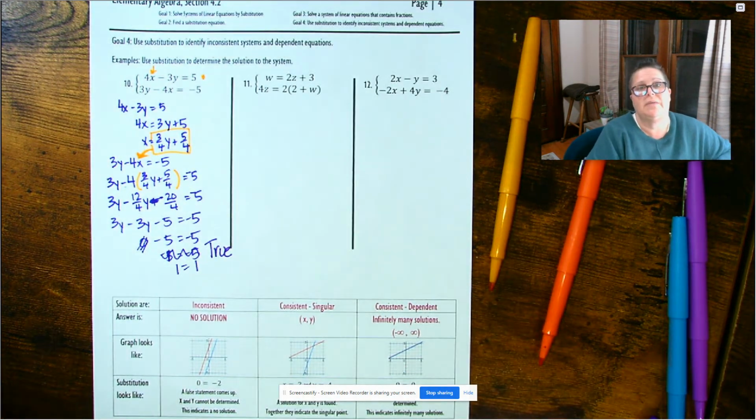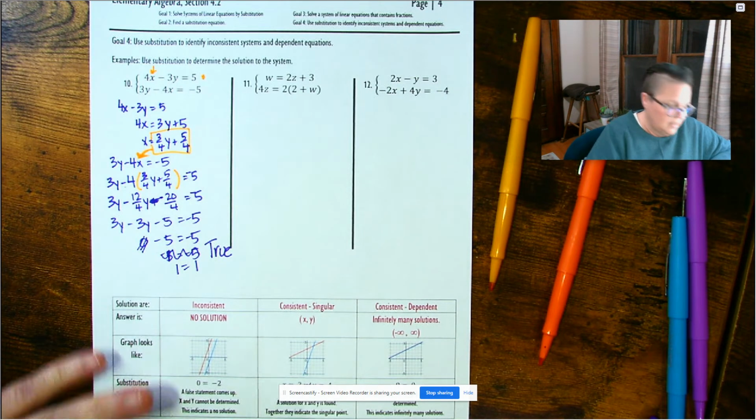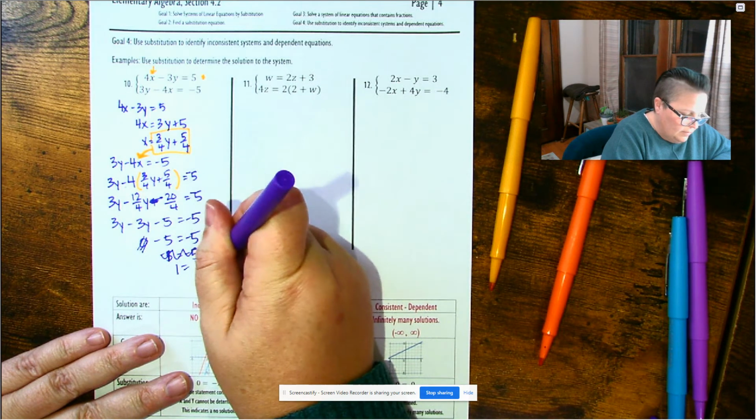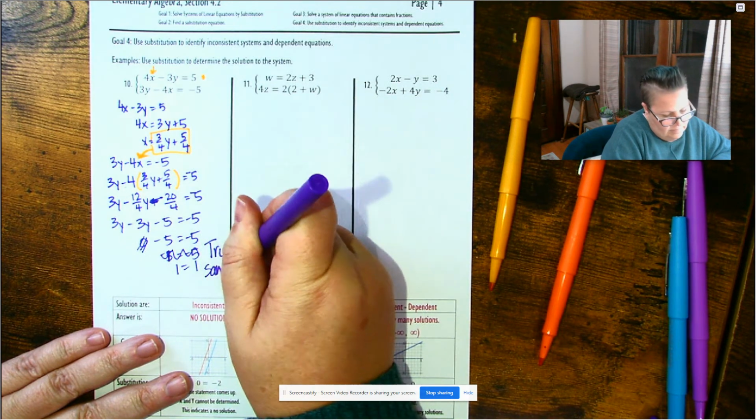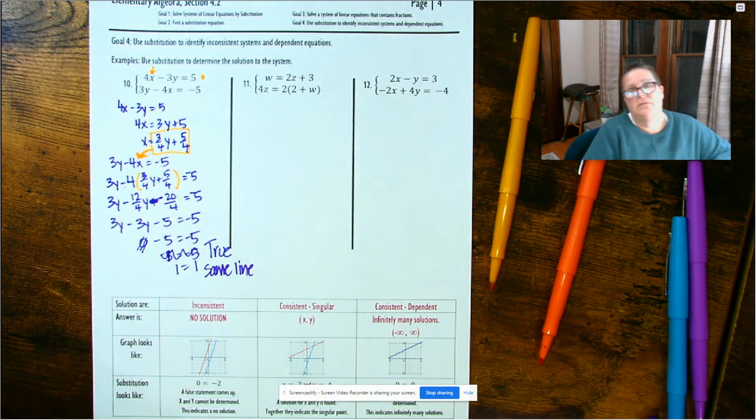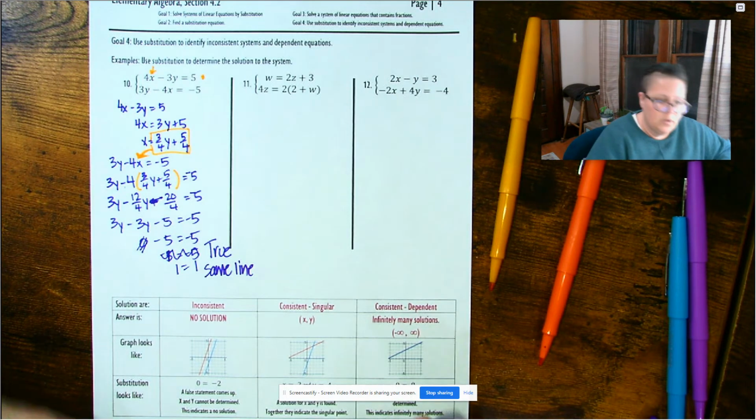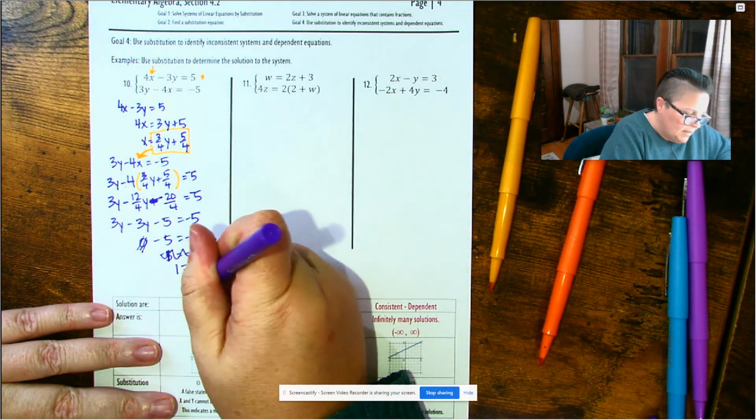These are true statements. So I don't have an inconsistency here. This is consistent because it is a true statement that 1 is equal to 1. So what we have here is the same line, copied. So it's the same line. It's been copied over and over. This is infinitely many solutions.